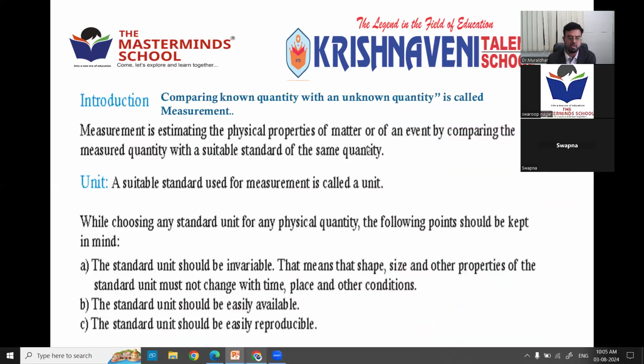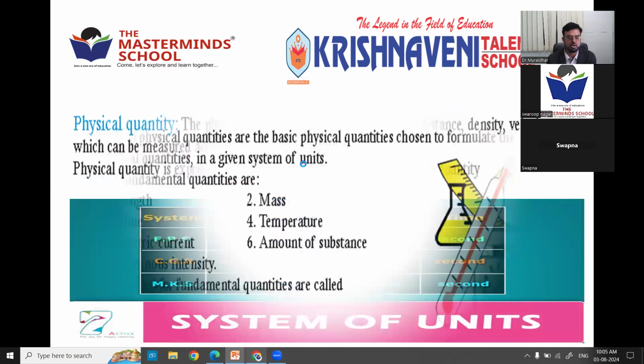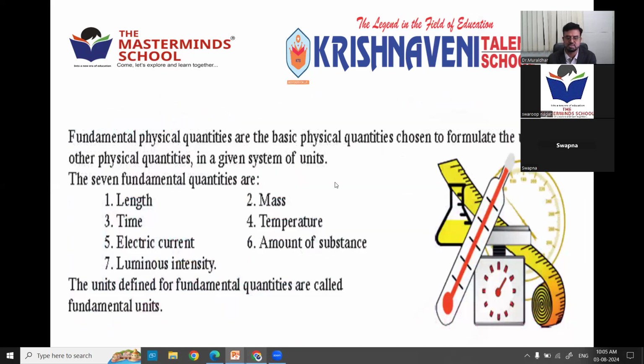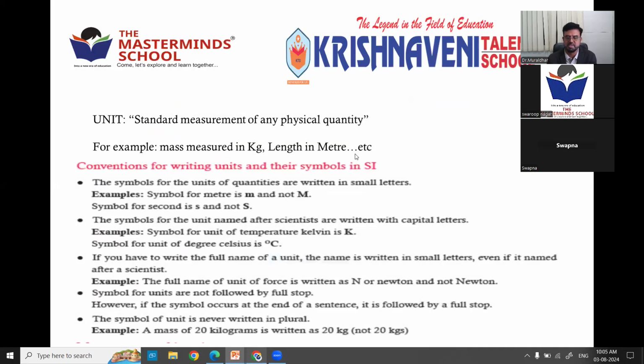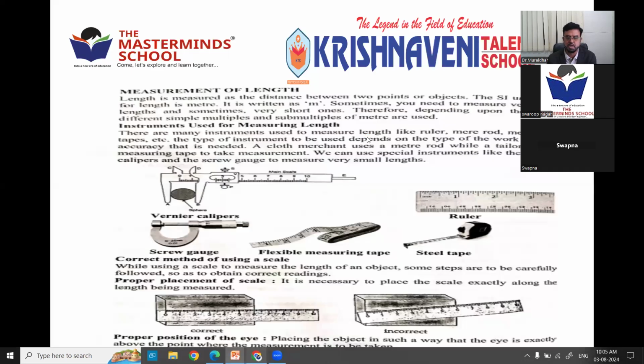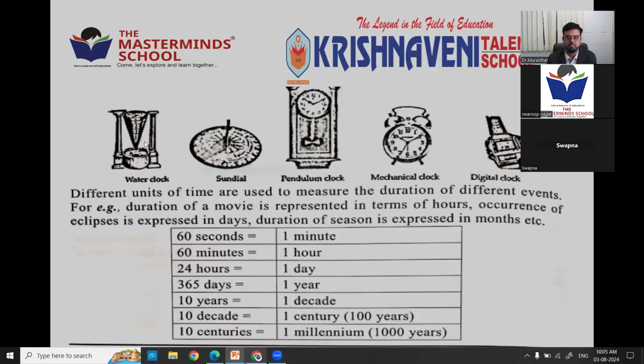Okay, so before going for continuation, where we left in the last class, just glance at them once. Physical quantities. These are the 7 physical quantities which are independent. These are the various derived quantities which are obtained from fundamental physical quantities. And what is a unit, and conventions, that is rules of writing the units, and how to measure length using various devices. So many devices are there to measure mass also. So many types of balances, common balance, beam balance.